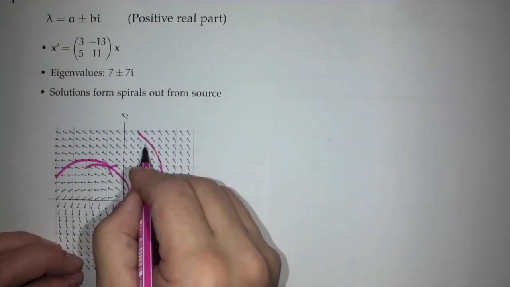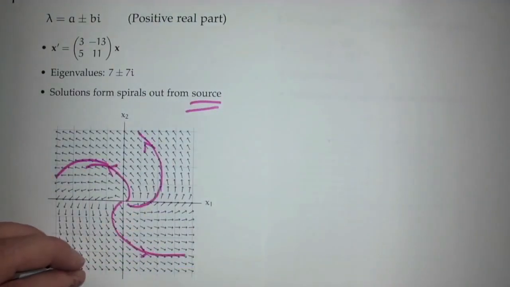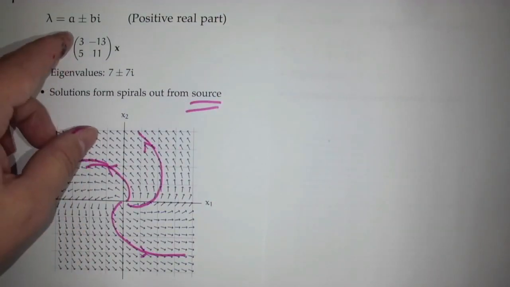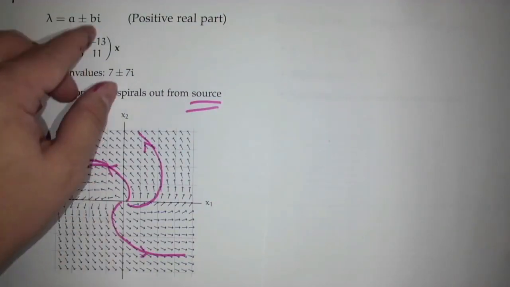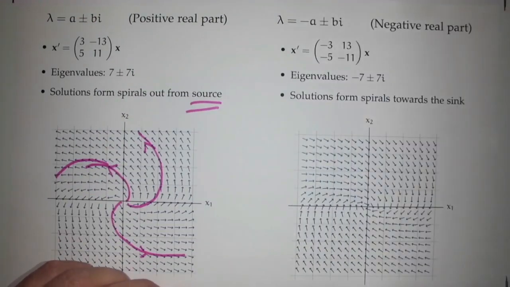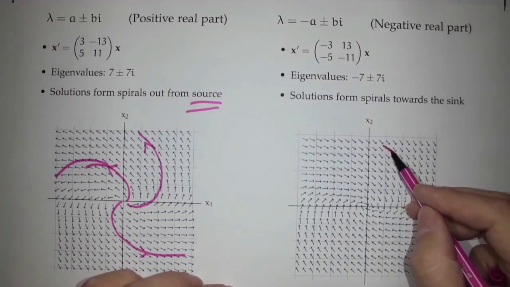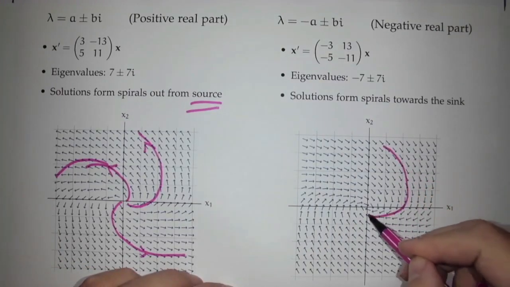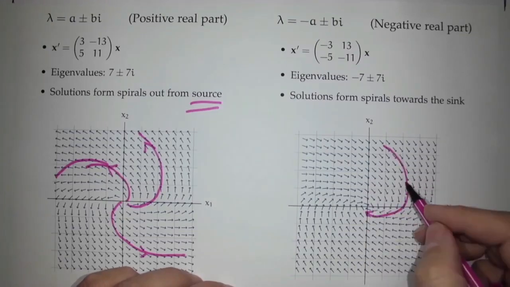So in this case, the origin is a source and you move out. Well, what would happen if your real part was negative? Then that e^(at) gets small, which means that as time moves forward, you're going to spiral in. So you move in towards the origin.